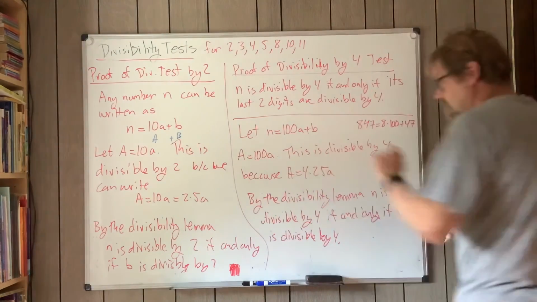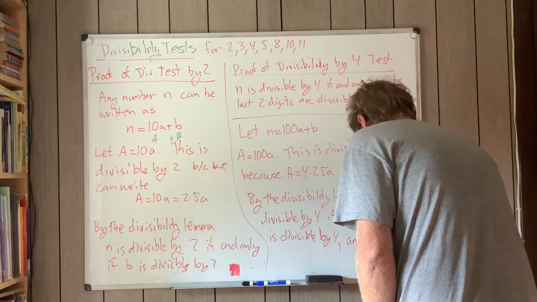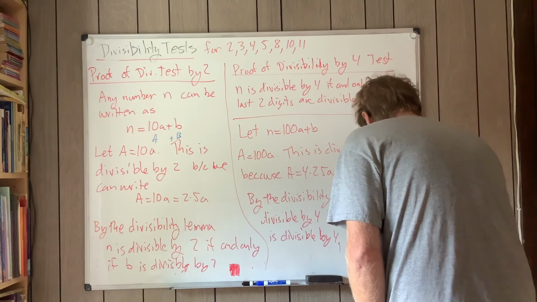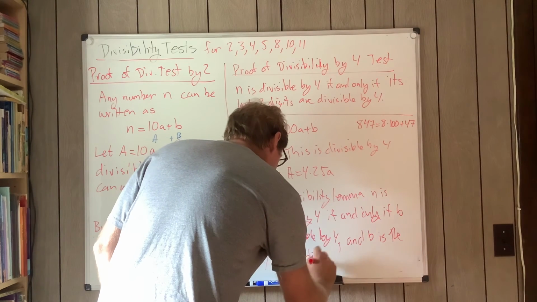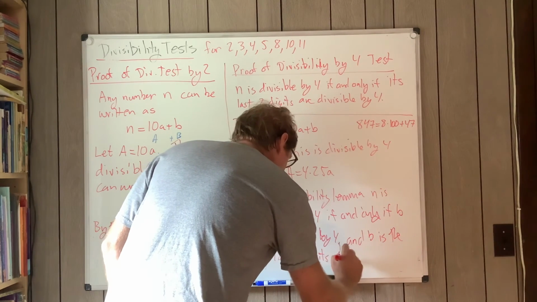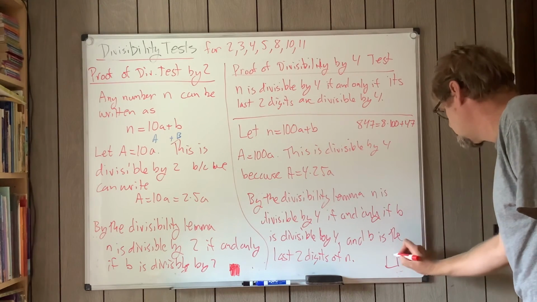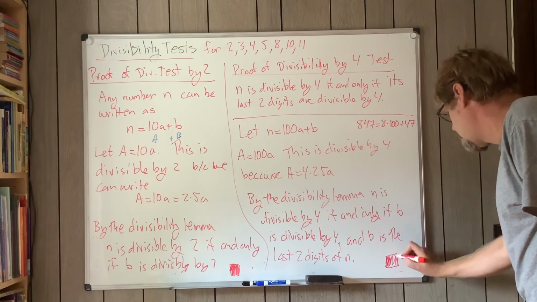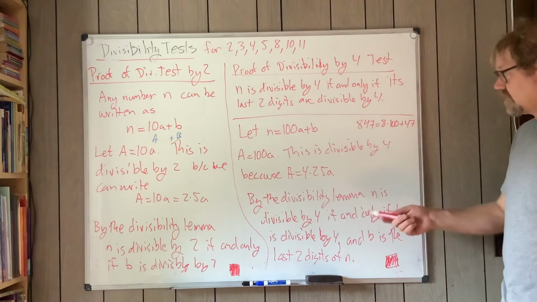B is the last 2 digits, and B is the last 2 digits of n. And end of proof. Okay, so again, all we're going to do is split it up into two pieces.